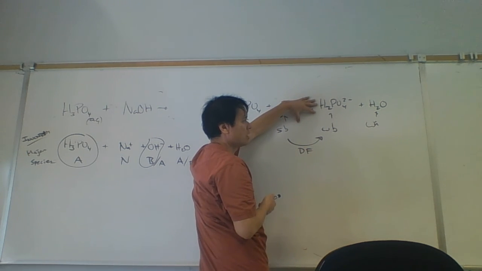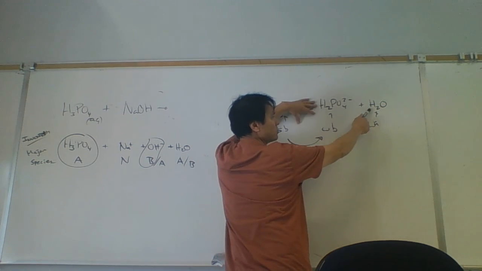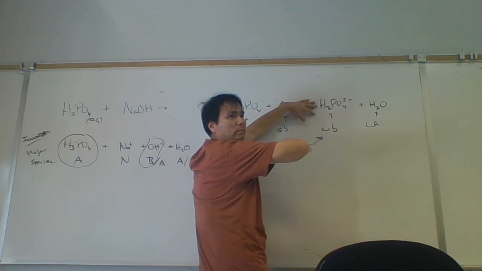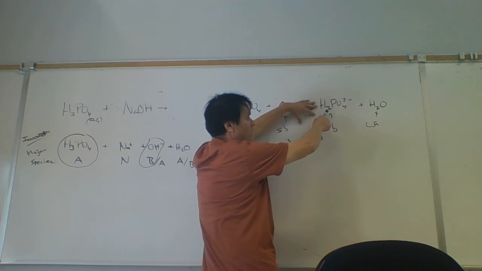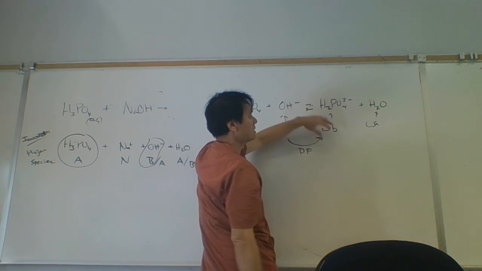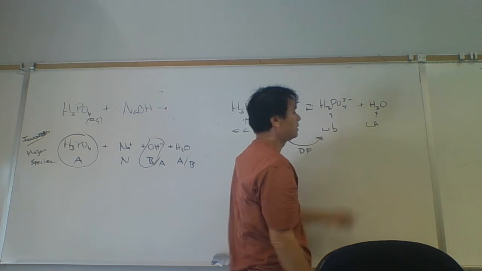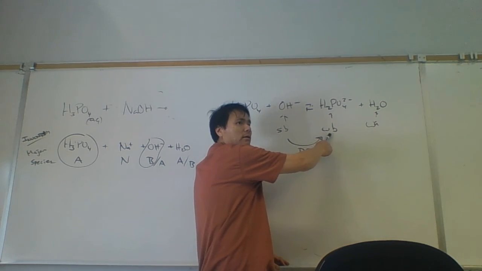Which should the hydroxide attack? This one or this one? It's going to attack the H2PO4 minus. Why? It's because this is a stronger acid than this. But didn't we just call it a base? We did. In fact, it is a base here.